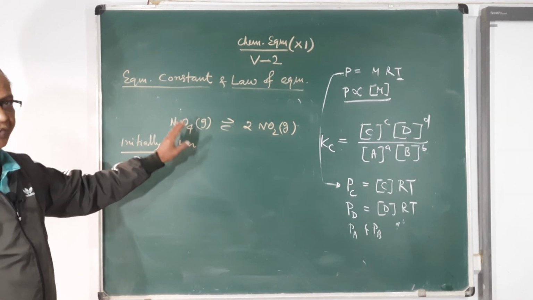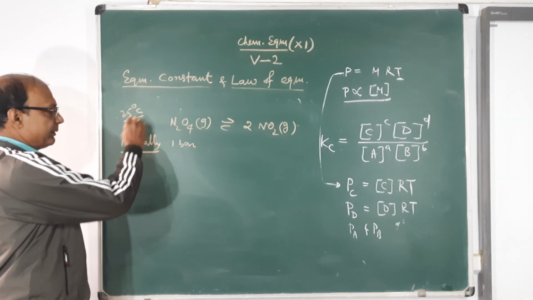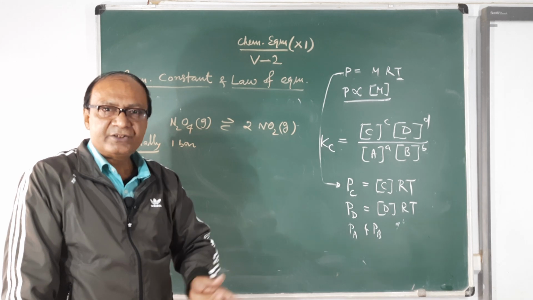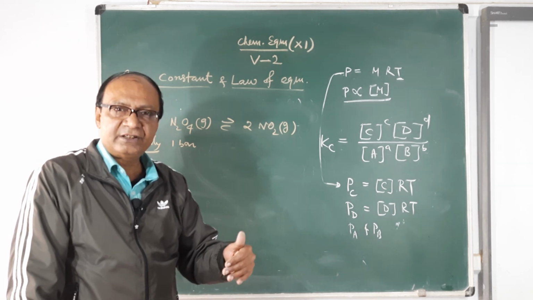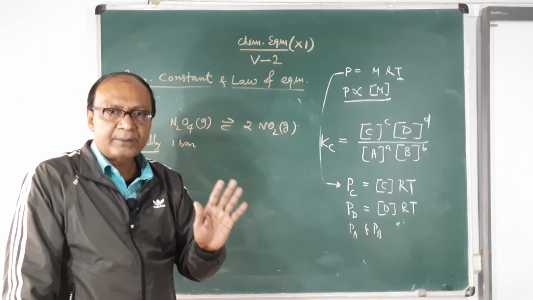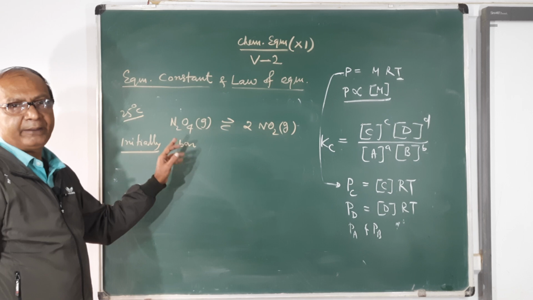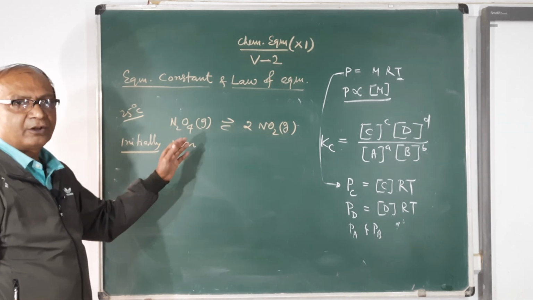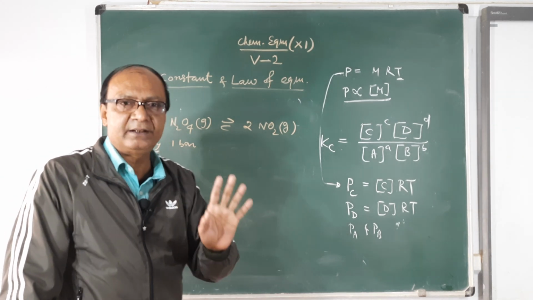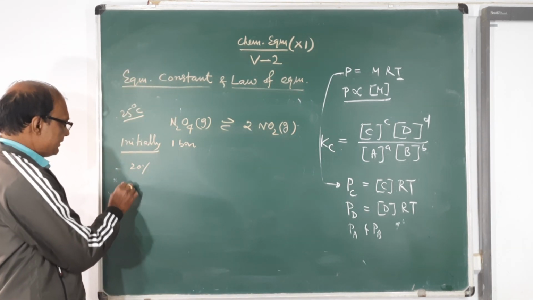Then the system is left standing until equilibrium is attained. Suppose it is given that at equilibrium, 20% of the reaction has occurred.